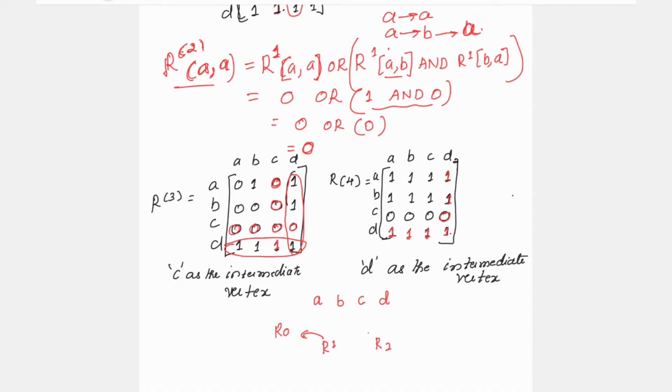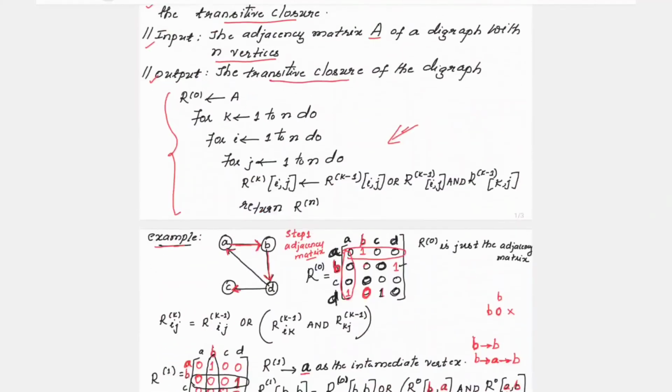When we created R2, the reference matrix was R1. When we created R3, the reference matrix was R2. When we created R4, the reference matrix was R3. It is always the previous matrix. If the current matrix is K, then the previous matrix will be K minus 1. That is how the formula is given here.